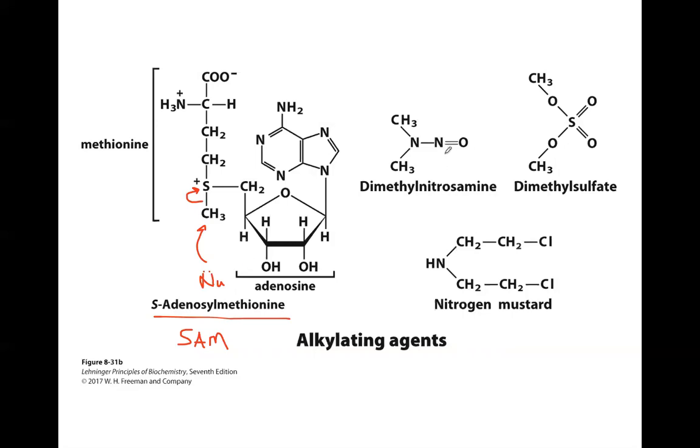Then there are a bunch of other very strong methylating agents. For example, nitrosamines, very strong carcinogenic species. Dimethyl sulfate, also an SN2 reaction, right? I told you DNA is nucleophilic. All these nitrogens have lone pairs. And nitrogen mustard. Actually, many of these, for example dimethyl sulfate or nitrogen mustard, are used as cancer agents. That's interesting.